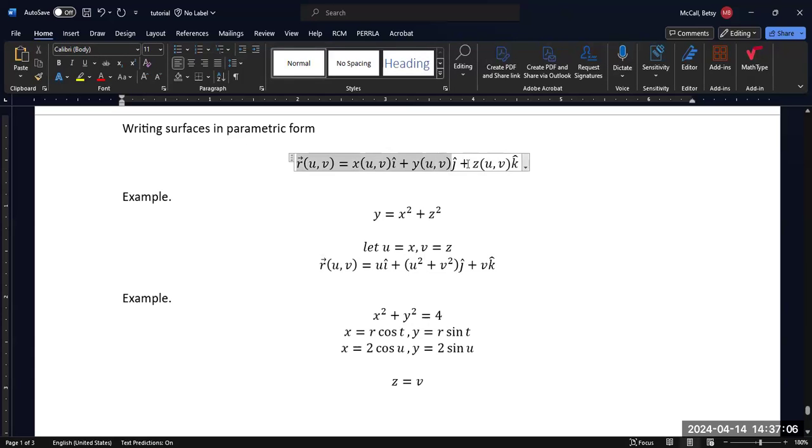So now what are we going to get when we plug all of this into our surface? Well, x is going to be our 2 cosine u, and y is going to be our 2 sine u, and z is v.